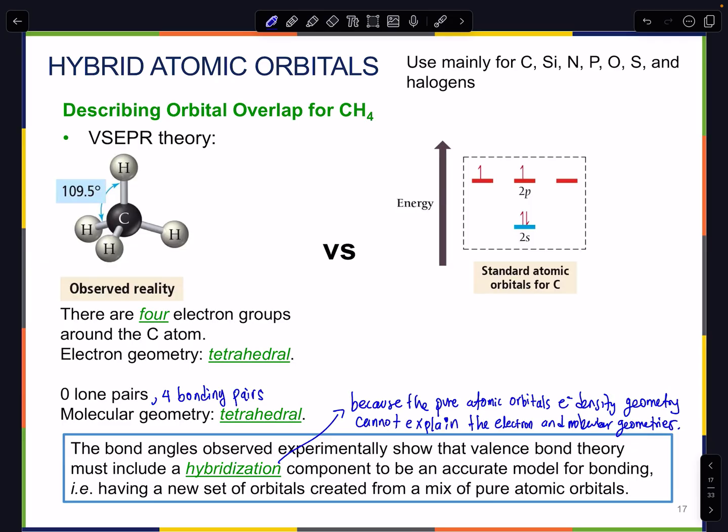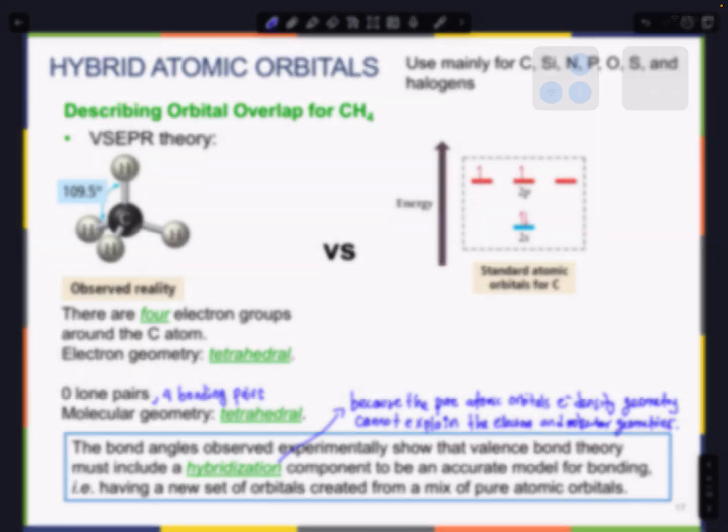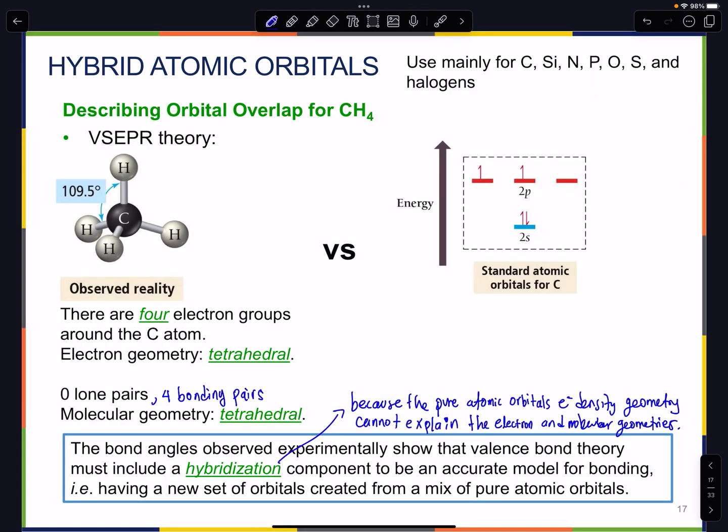In other words, you should be looking at the electron geometry. You have this table with the molecular geometries on one side and the electron geometries on the other side. So let's go to this table and check that right now, because that will allow us to talk about these hybridization schemes.